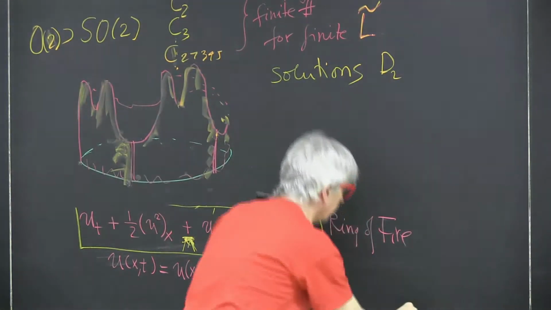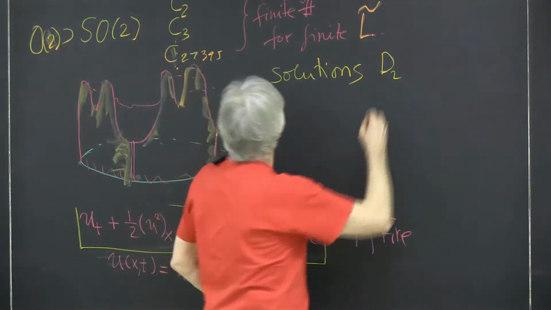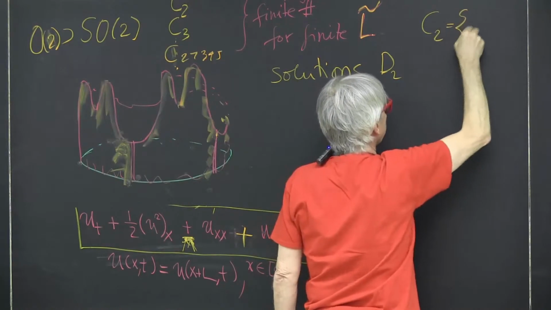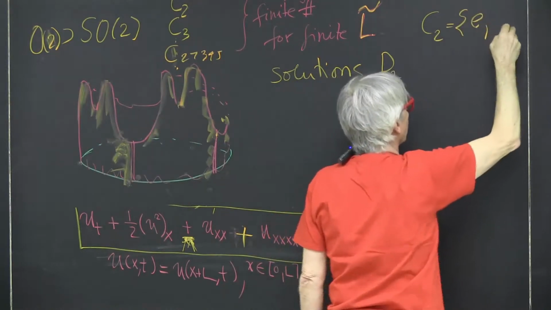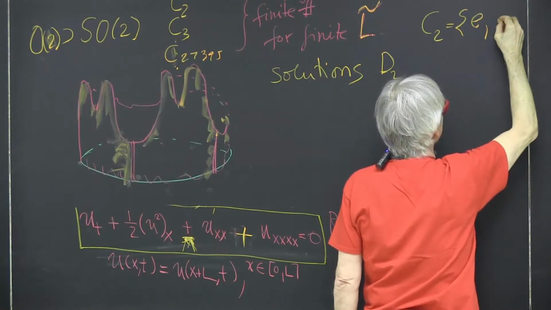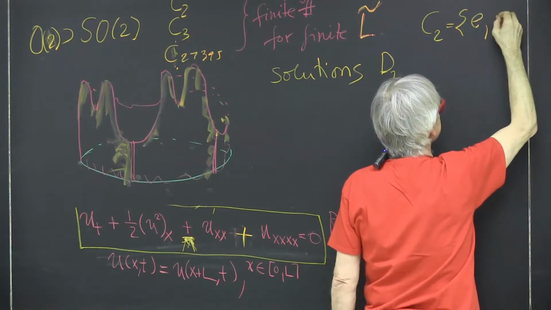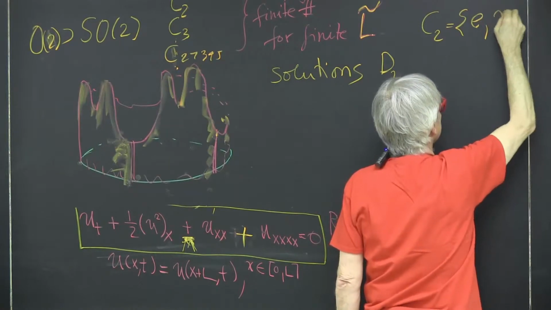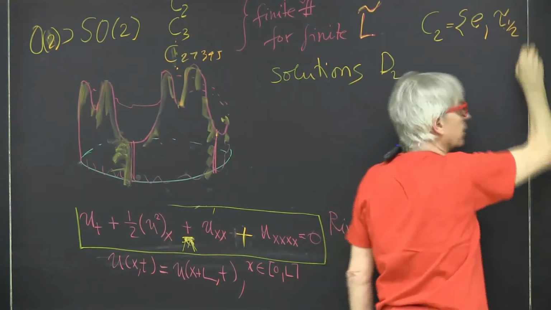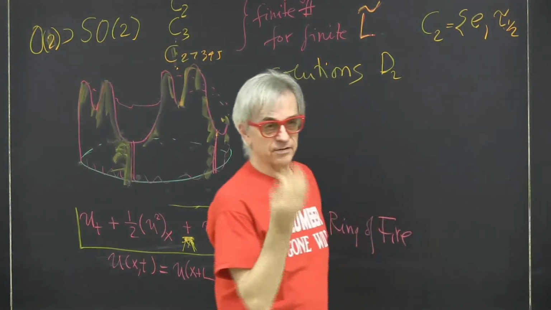So C2 would be a group which is identity, and then you go around with the shift, let's call it the translation operation T1/2, meaning I go 1/2 around the circle.